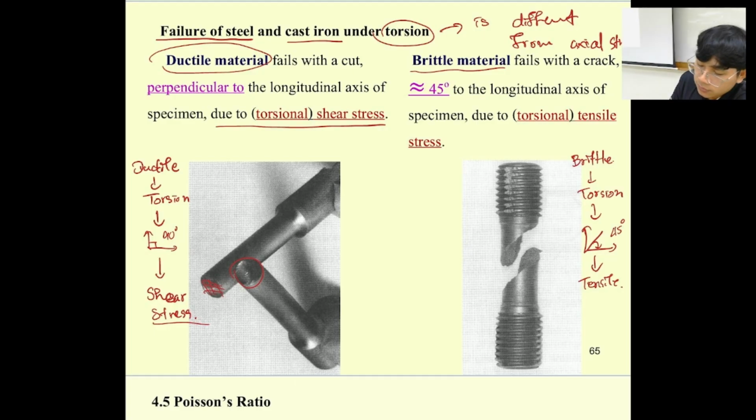So I may ask you, if the brittle material is subjected to torsion, what is the failure mechanism? You need to answer tensile stress. Due to what force does it fail? It failed by tensile stress.